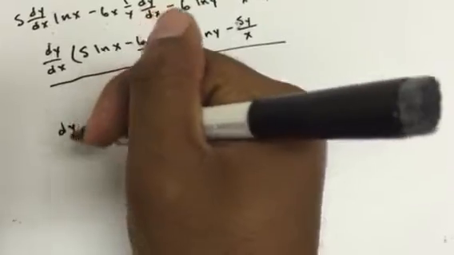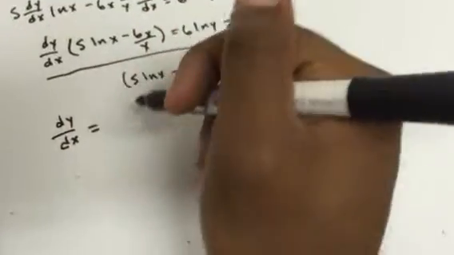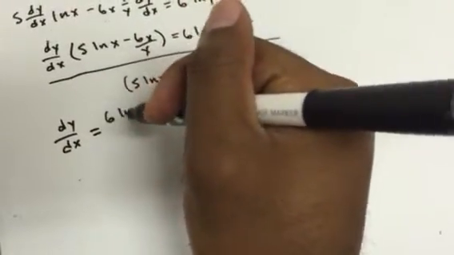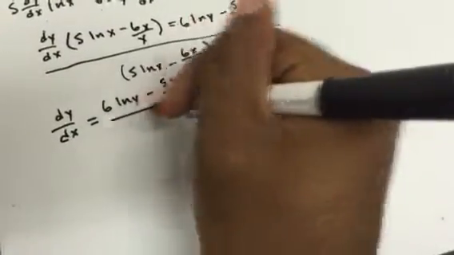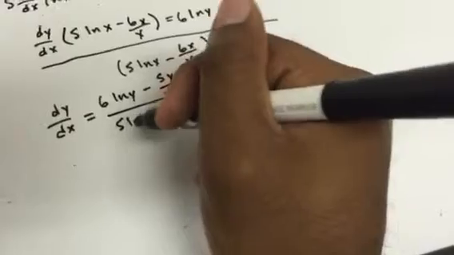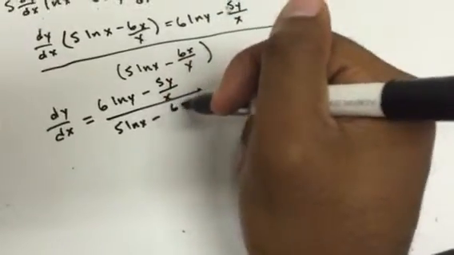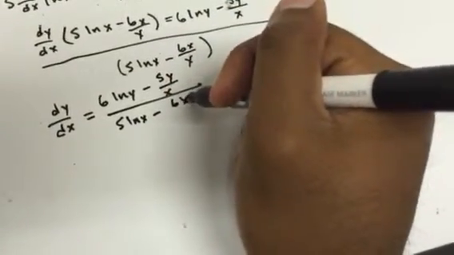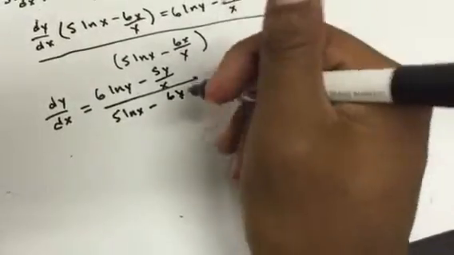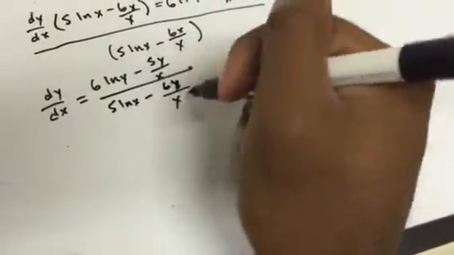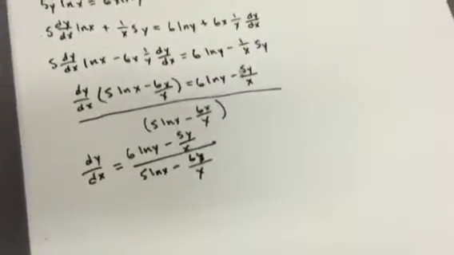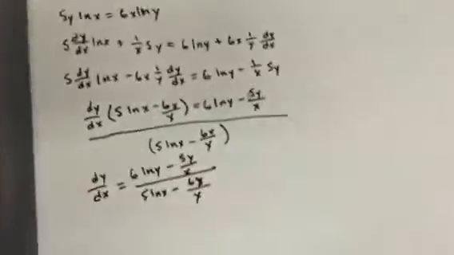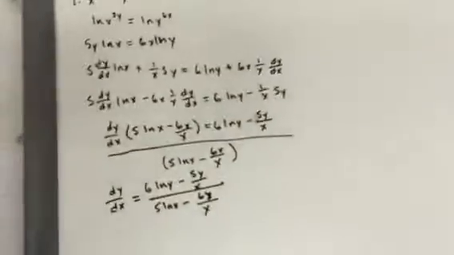We are left with dy dx equals 6 ln y minus 5y over x, all that over 5 ln x minus 6x over y. And that there is the derivative of y with respect to x in this equation.